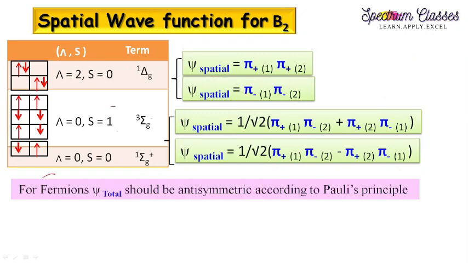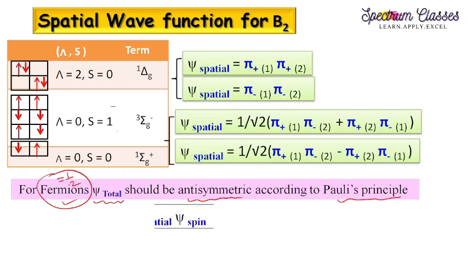For fermions, I have given one video on fermions and bosons. We are dealing with electrons, and electrons have half spin, therefore they are called fermions. For fermions, the total wave function should be antisymmetric according to Pauli's principle. So it is mandatory to have the total wave function antisymmetric.